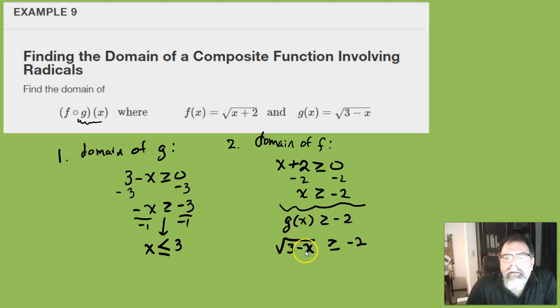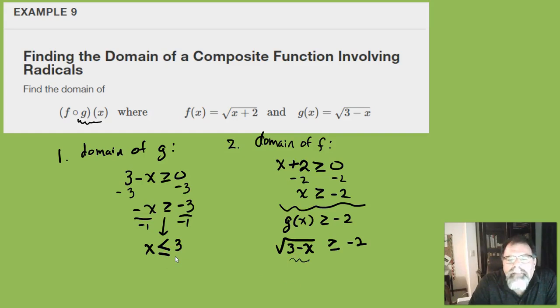So basically the domain here is going to be, well, not all real numbers, but all real numbers that are in the domain of G, right?